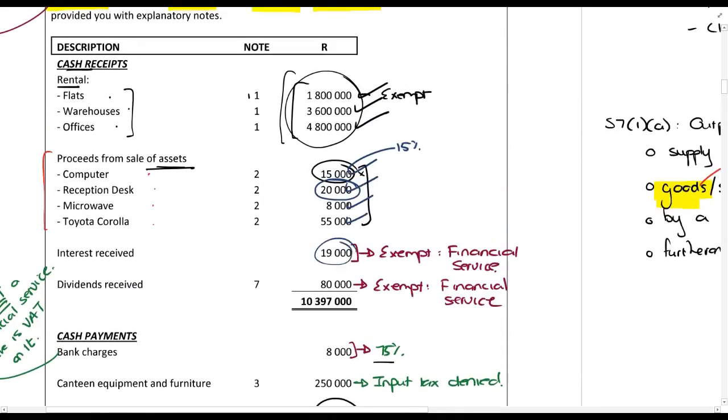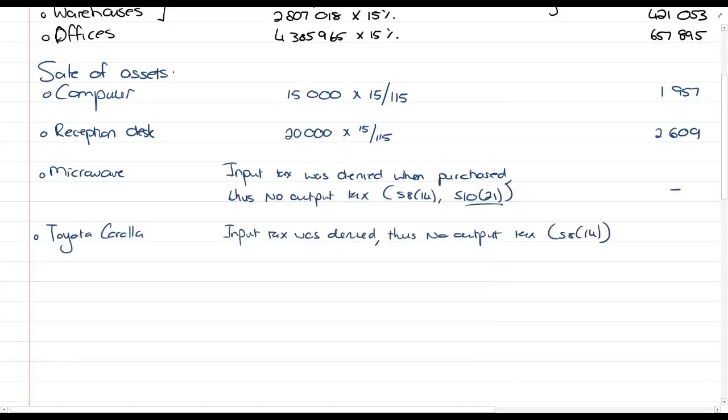Then we have this interest received of 19,000. Very simple. It's an exempt financial service, so we just need to indicate that. So this is under our output tax. Interest received. You have to say exempt and explain why. Financial service.